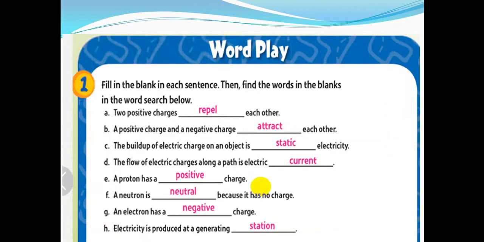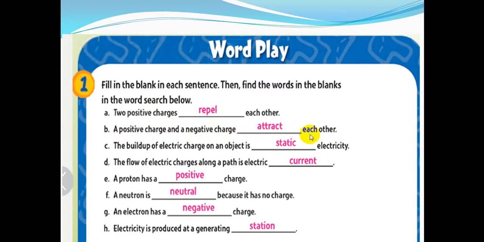The next page, now question number 1, fill in the blank in each sentence. A. Two positive charges repel each other because they are like charges, that's why they repel each other. But in B, a positive charge and a negative charge attract each other because they are different charges.